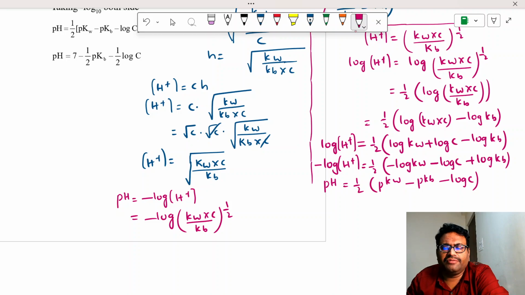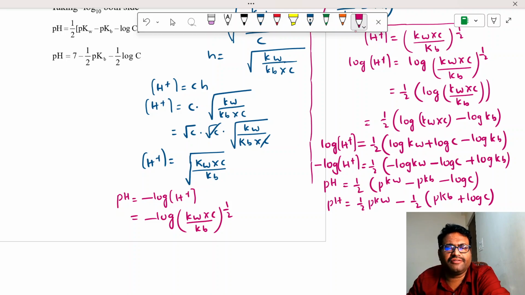Then pH is equal to, I can write, half pKw minus half pKb plus log C. Can I write this? I can write it in this way, half into pKb, half into log C.